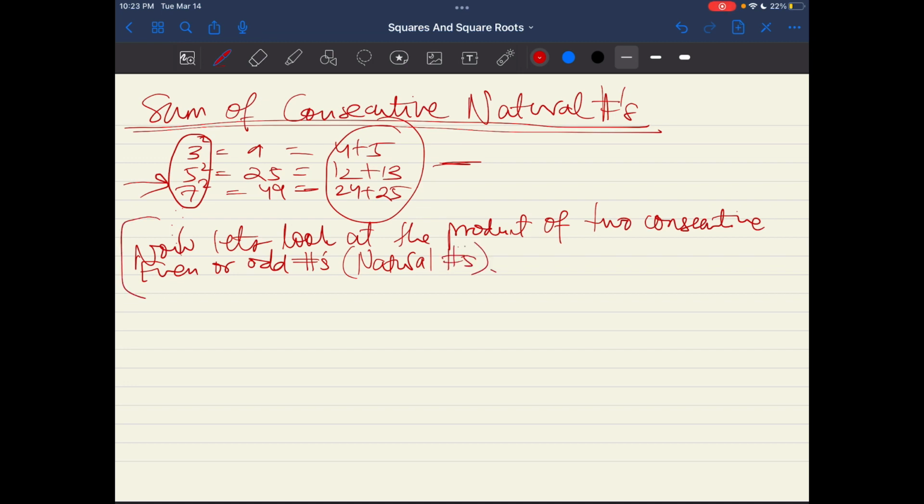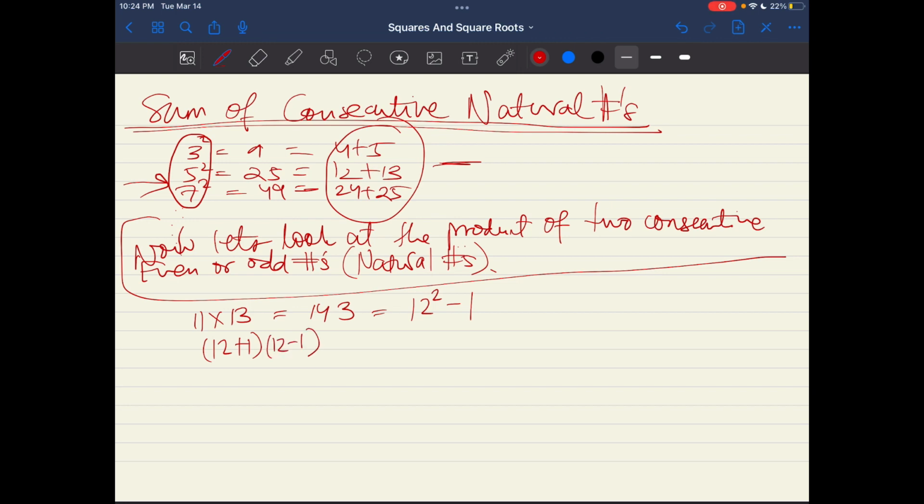So let's talk about the product of two consecutive even or odd natural numbers. So let's look at 11 times 13. What is it? 143, which is 12 squared minus 1, right? We can write that as 12 plus 1 times 12 minus 1, right?